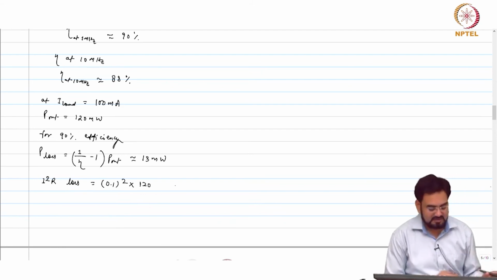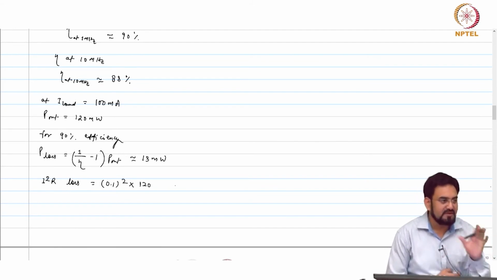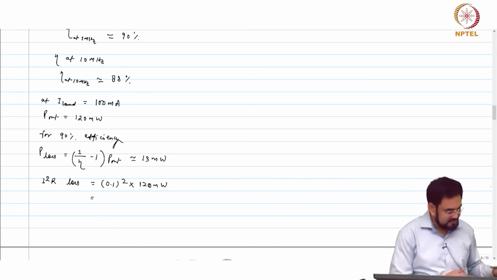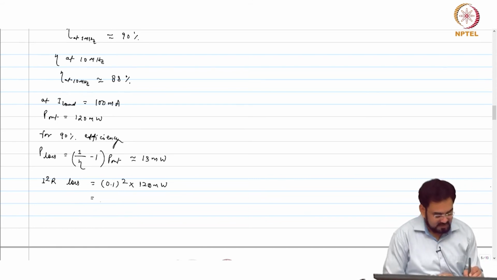Okay, so 120 we fixed. Correct. So we had budgeted roughly 12 milliwatt for other losses. So 0.1 into 120, sorry, 120 milliohm. How much is that? 0.12 into 1.2 milliwatts. 120 microwatt, huh?